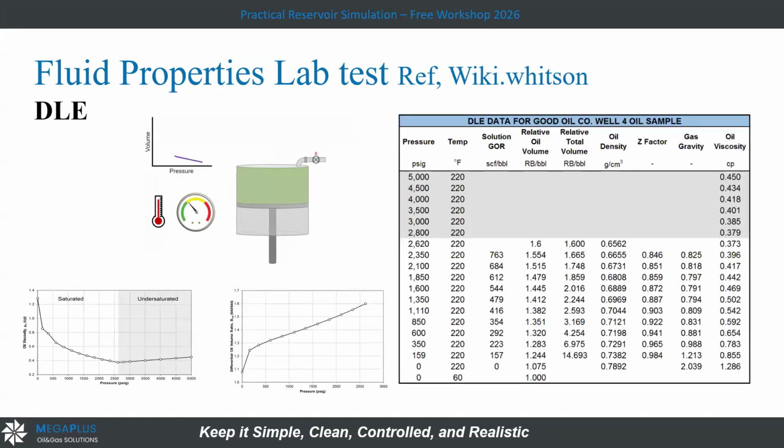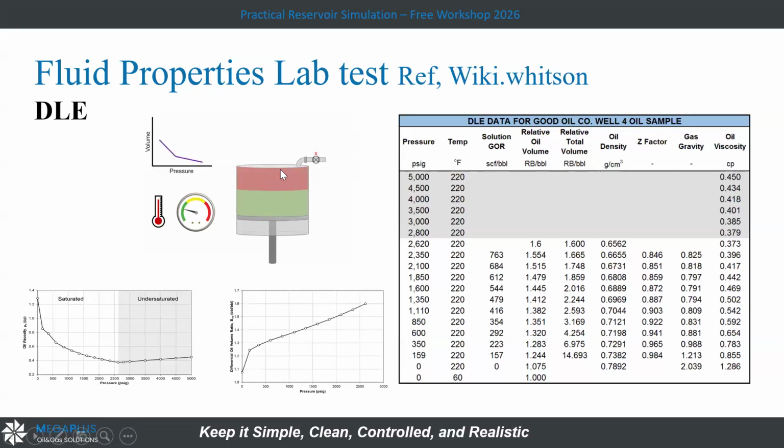After that, in the lab we also have the second experiment, but this time, in this cell, we make another step. In this animation of the DLE, we decrease the pressure as you see, but I think the animation here is not 100% correct.